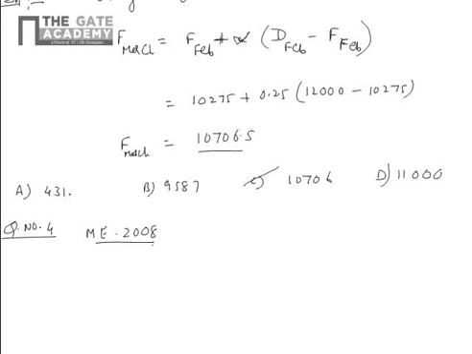M1 is greater than M2. For example, M1 is 3 and M2 is 2, so a 3 period and 2 period moving average is taken.